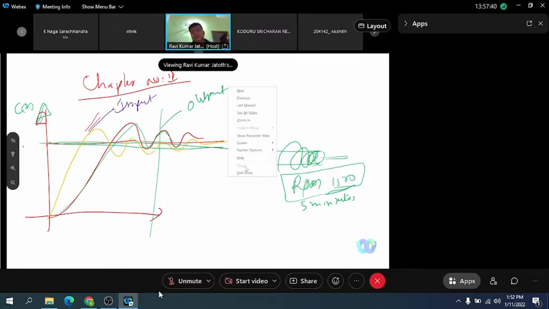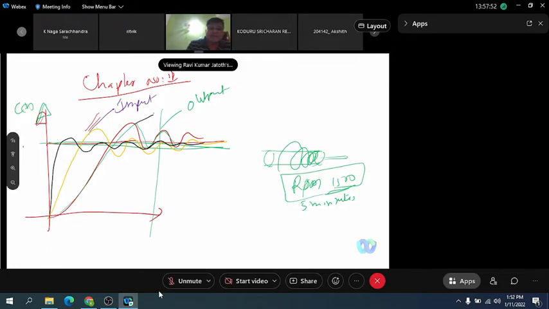And there is one more system having a response like this. The red one is system 1, the orange one is system 2, and the black one is system 3. Which system is behaving quickly?